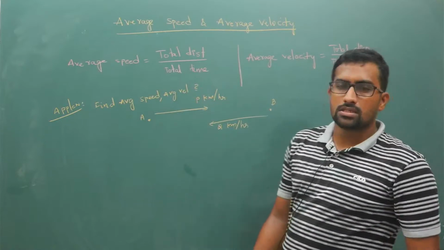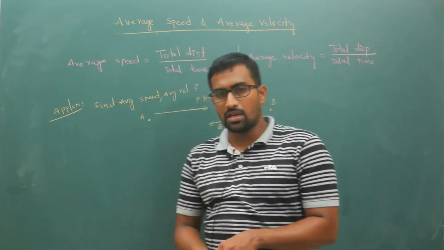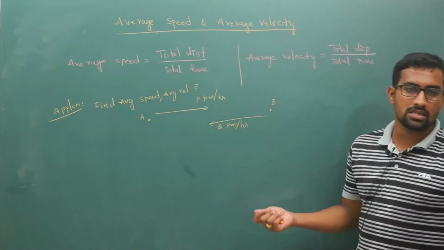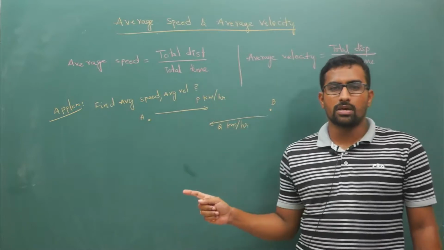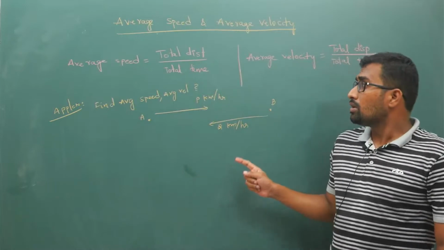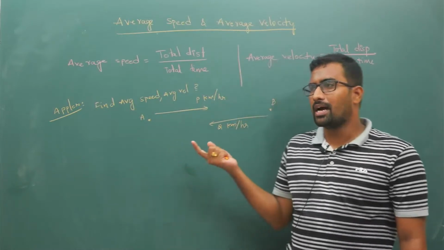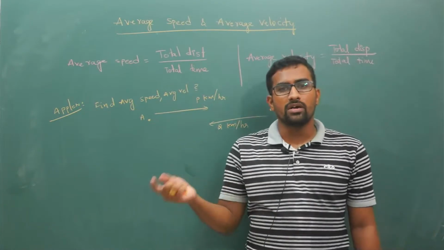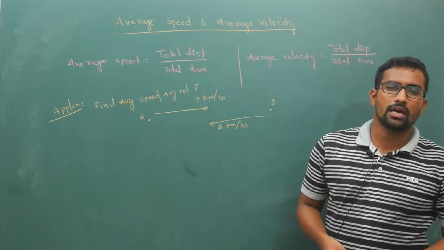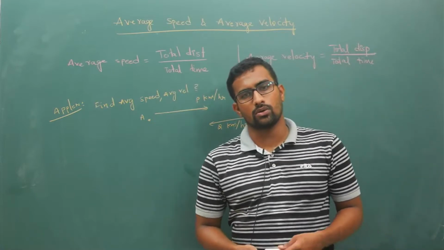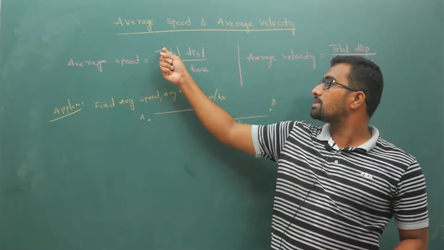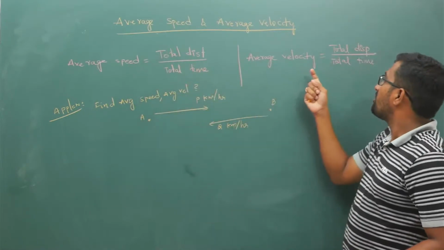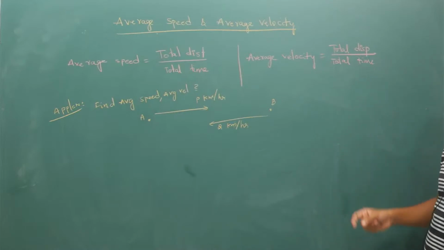Now in this case, many people will simply substitute p plus q by 2, but you cannot do that. In maths, sum of quantities by number of quantities is your average or mean value, but in physics you cannot do that. In physics, for average speed it is total distance by total time, and for average velocity it is total displacement by total time.